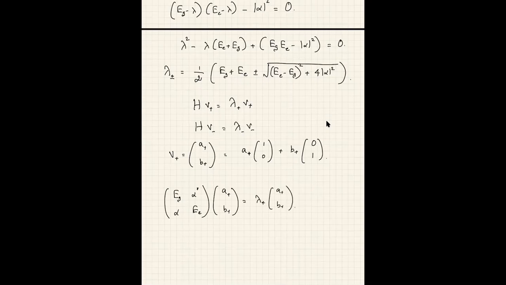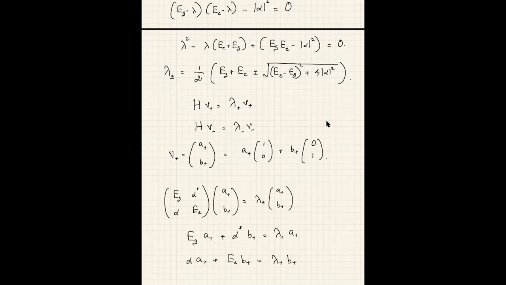Okay. So this gives you two equations. What are the equations? Eg times A plus plus alpha star times B plus equals lambda plus A plus, and alpha A plus plus Ee B plus equals lambda plus B plus.